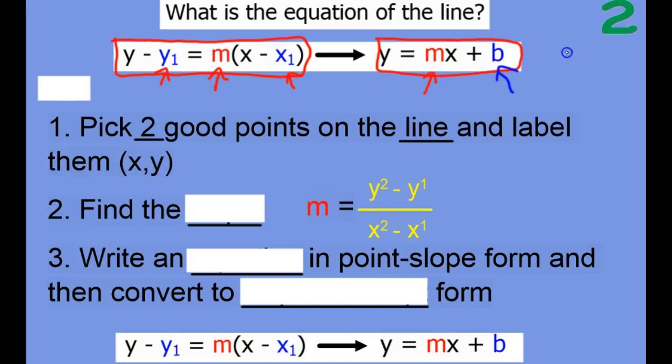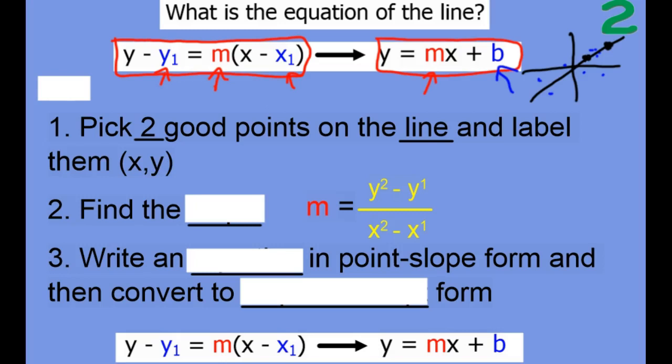So if we have a graph that looks like this, and we have a bunch of points, just our scatter plot, and we have a line of best fit, what we're going to do is try to find 2 points on this line. All these points are off the line, so we need to make sure there's one on, or we can just make a point on the line. Doesn't matter where. We're going to find 2 good points on the line and label them x, y.